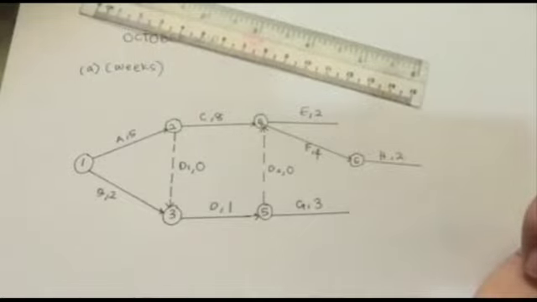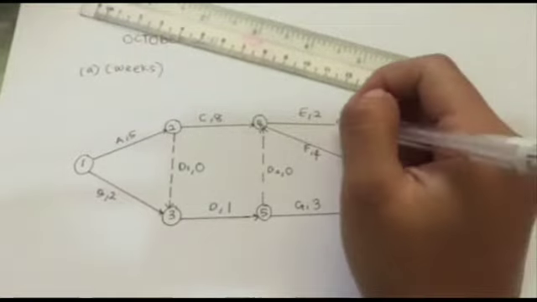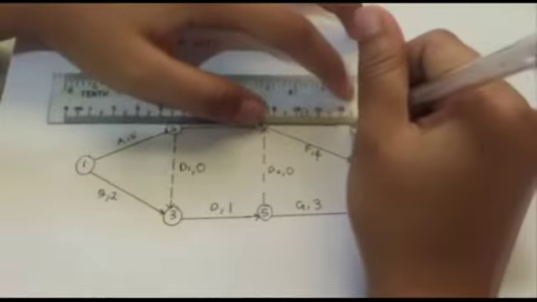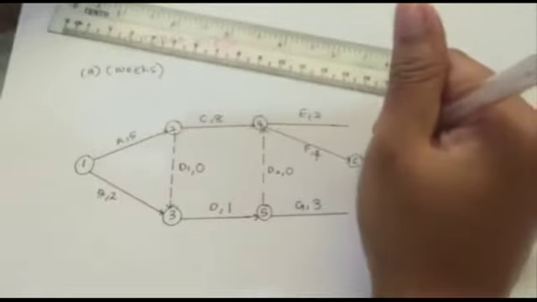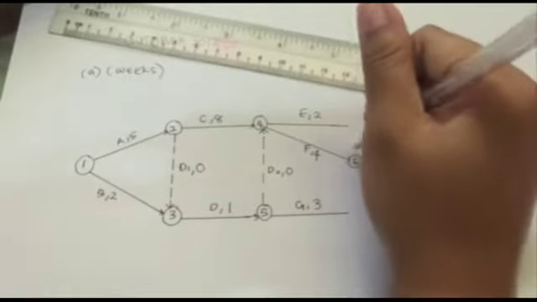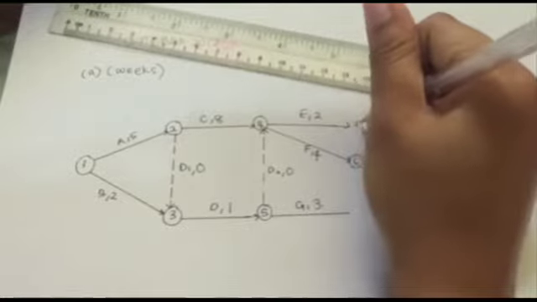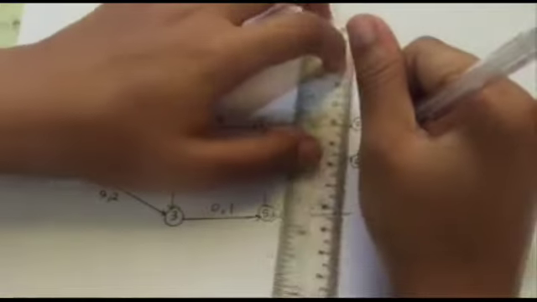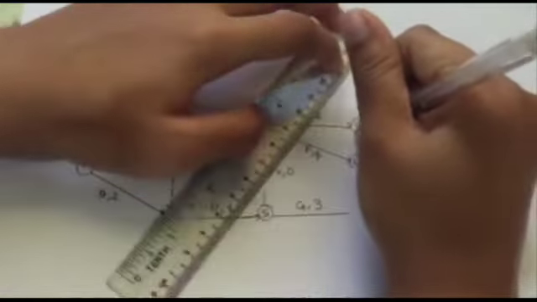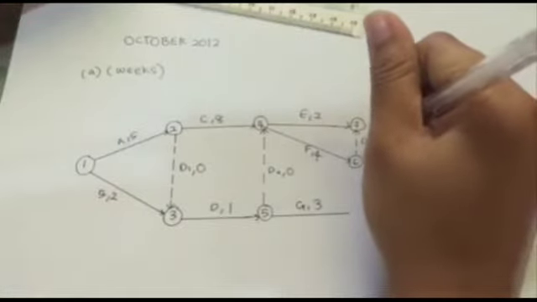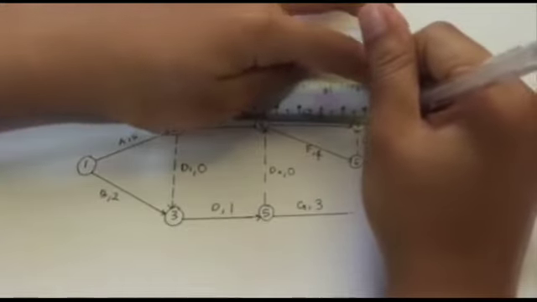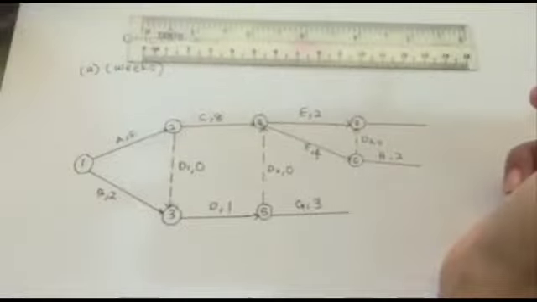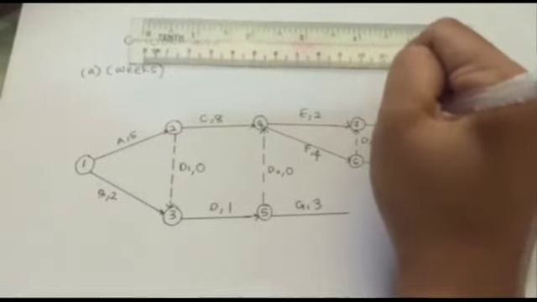Okay, next activity I is from E and F. Since F already has an activity, there will be a dummy here, and then 7, dummy 0, and bring out I with the duration 7.